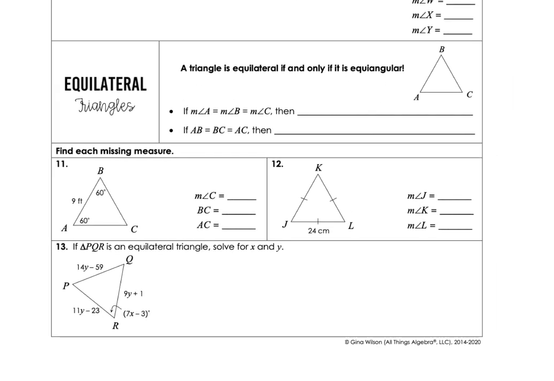All right. Take a look at this one. This last thing, an equilateral triangle. What does equilateral mean? Equal on all sides. All the sides are equal. What does equiangular mean? All the angles are equal. Okay, so anything that is equilateral is equiangular, and anything that is equiangular is equilateral.